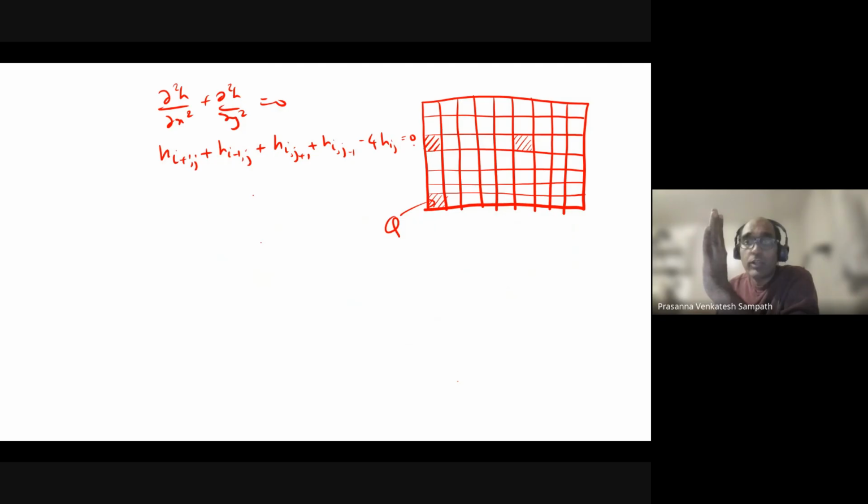We are on the boundary, and this boundary is an artificial boundary. It didn't exist before. So what do we do with that i minus 1 cell? Anybody? Does the i minus 1 cell exist or does it not exist?